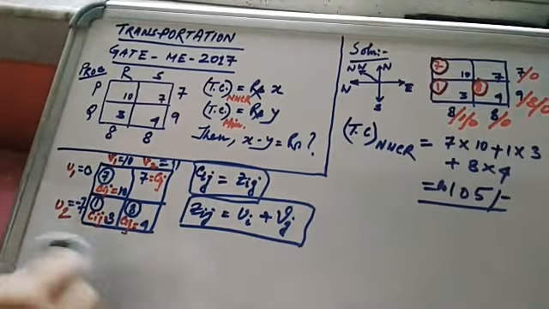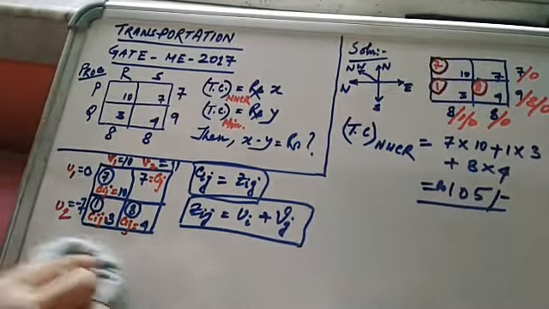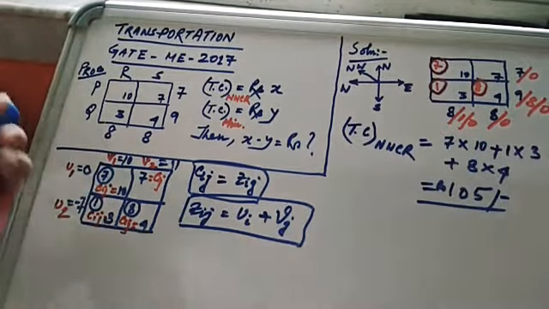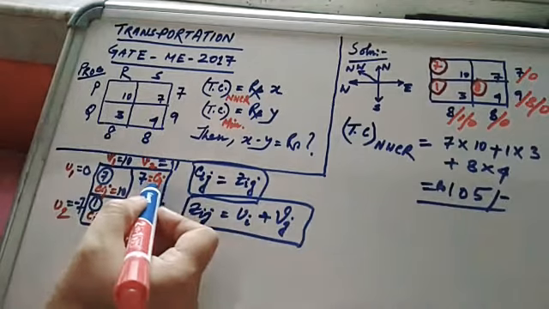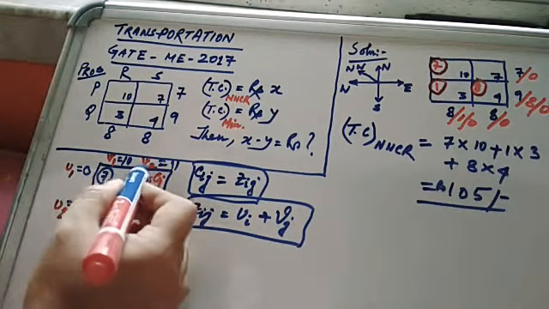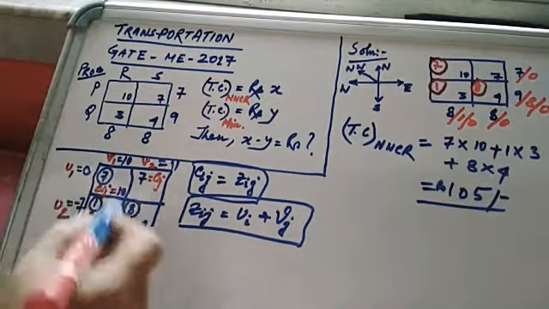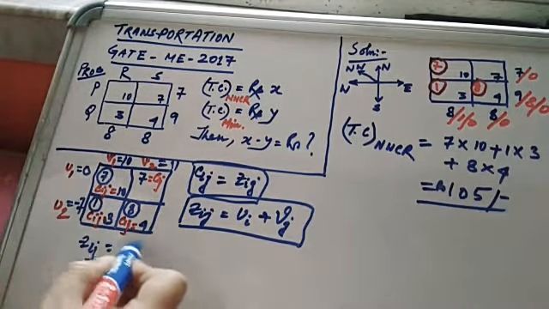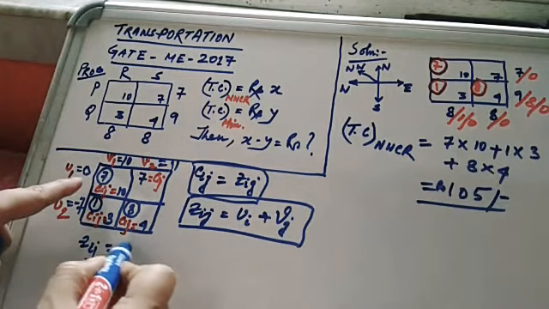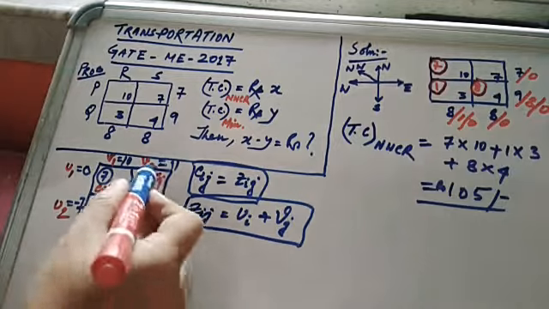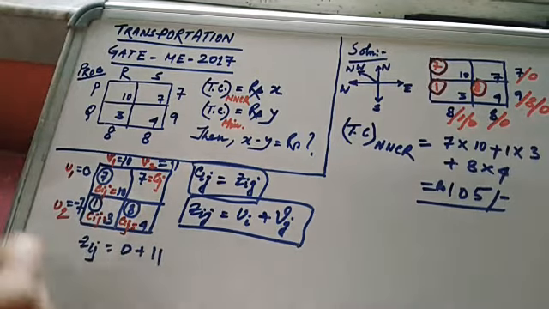So we will see how to calculate for the unallocated cell. Look, for the unallocated cell, this is the Cij value, this is 7. We have to find the Zij value using these two values. We know Zij equals u1, that is 0, plus vj, or you can say v2, that is 11.